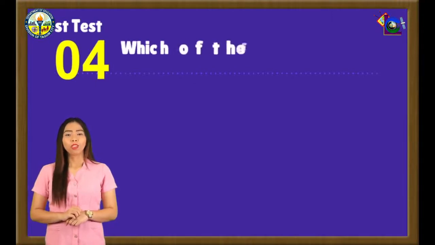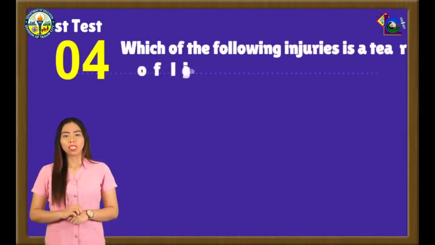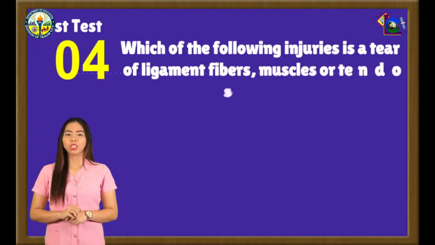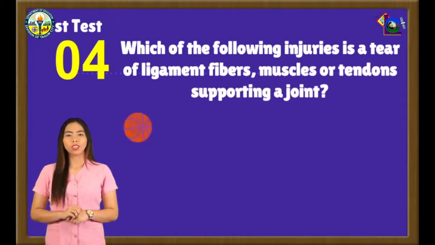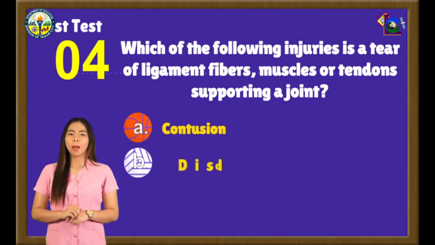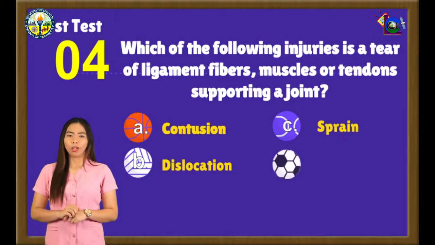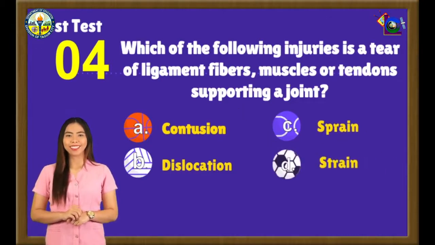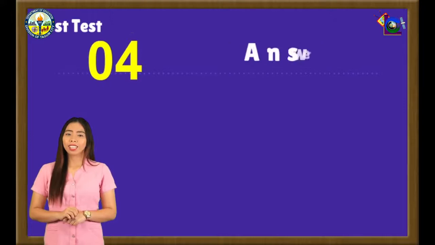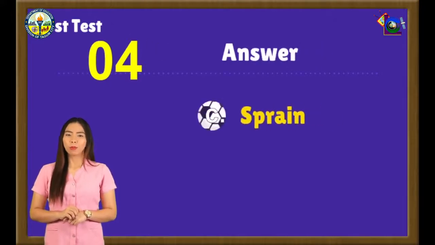Number 4. Which of the following injuries is a tear of ligament fibers, muscles, or tendons supporting a joint? A. Contusion. B. Dislocation. C. Sprain. Or D. Strain. The correct answer is letter C. Sprain.